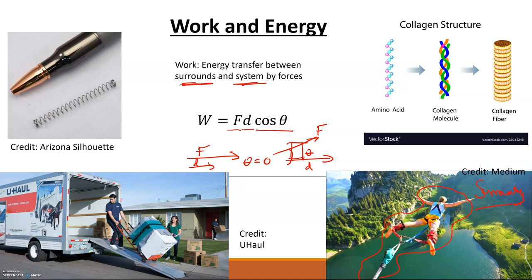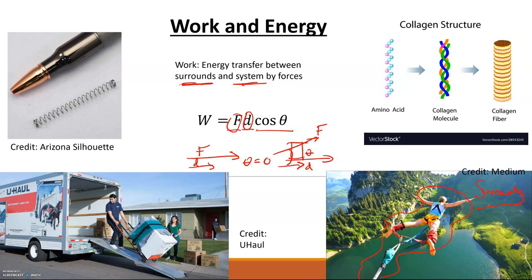Basically, you're taking the component of the force that is parallel to the displacement. By taking the cosine of the angle between them, you're making sure that the component of force is in the direction of displacement.